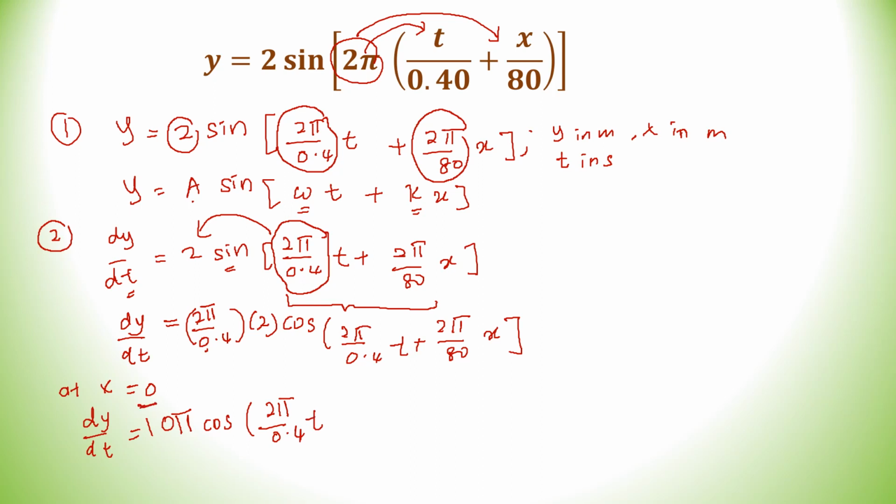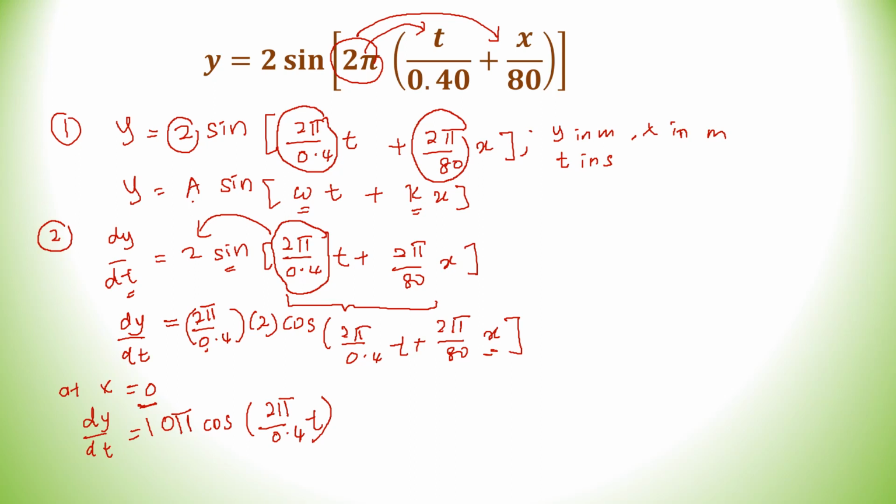When x equals 0, we substitute x equals 0, so 2 pi over 80 times 0 is 0. So this is our equation of dy/dt at x equals 0.